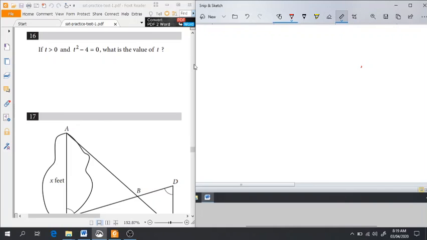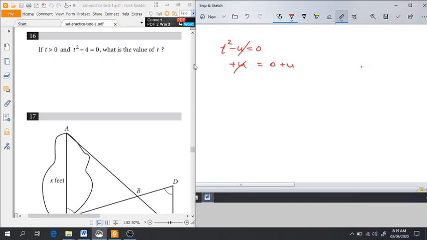Question number 16 says, if t is greater than 0 and t² minus 4 equals 0, what is the value of t? So t² minus 4 equals 0. Arrange it in like terms. Add 4 on both sides. 0 plus 4.